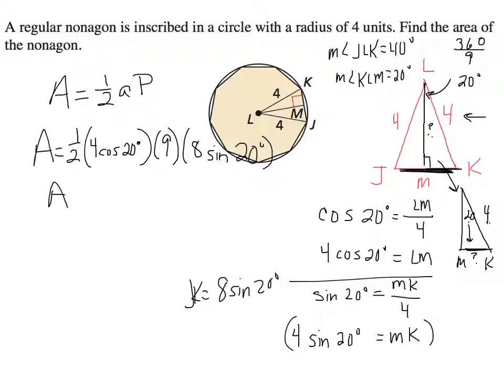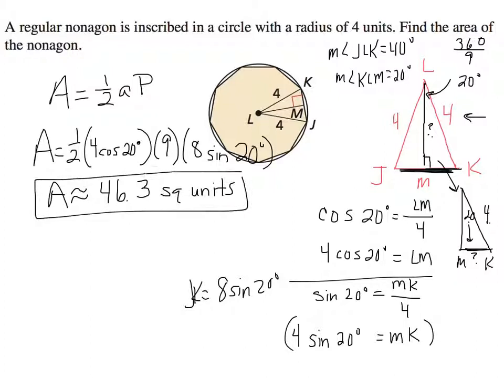And if I multiply that all out, it would give me approximately 46.3 square units. This right here, once again, this represented our apothem, and the 9 times each side represented our perimeter.